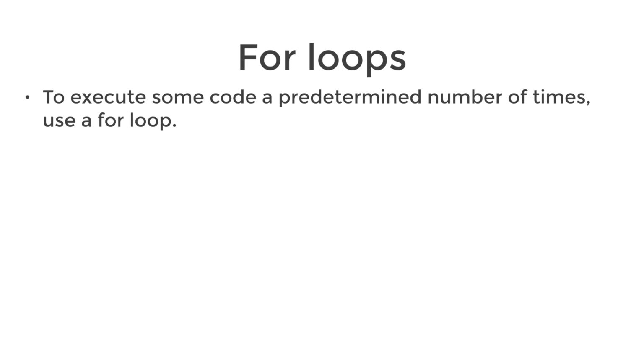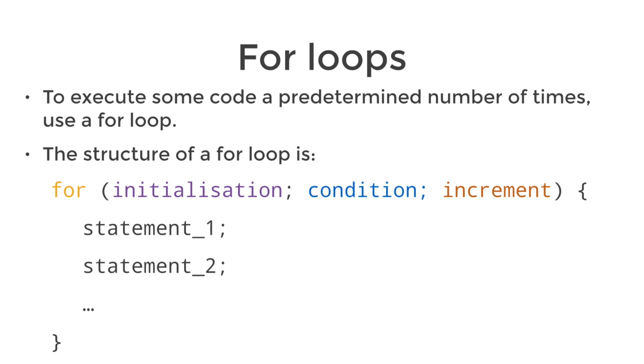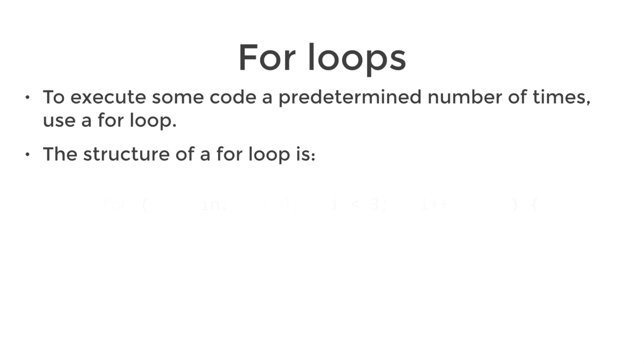The sibling of the while loop is the for loop, and the for loop executes a predetermined number of times. The structure of the for loop is as follows. We have for, initialization, condition, increment, and then we have the statements that are to be executed inside the body of the for loop between the two curly braces.